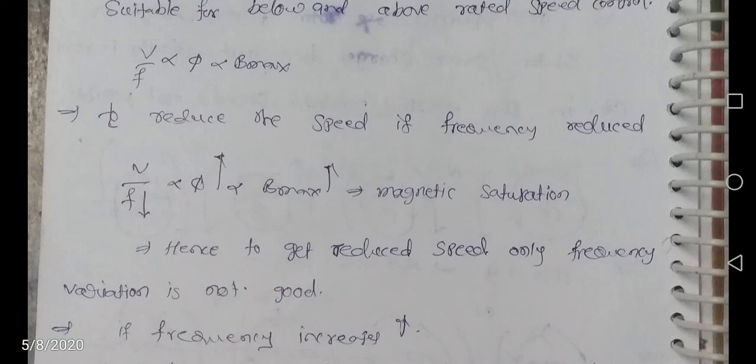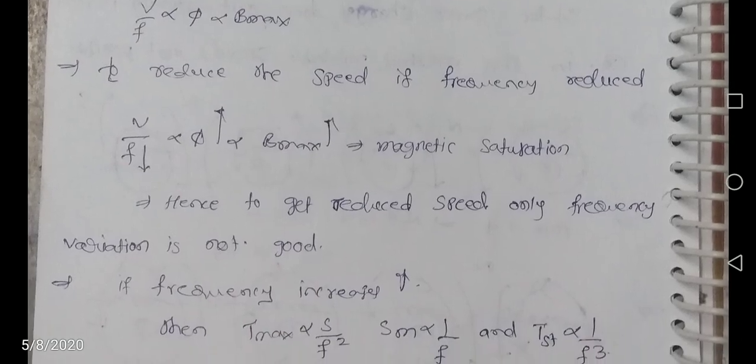There is a magnetic saturation, so the stator core or the rotor core lose their magnetization property. So the frequency reduction in a machine is not a good method. Hence, to get reduced speeds, frequency variation alone is not good.